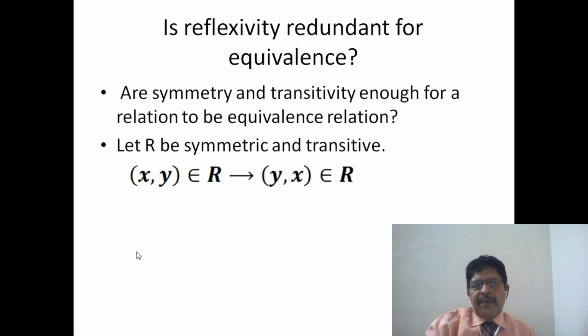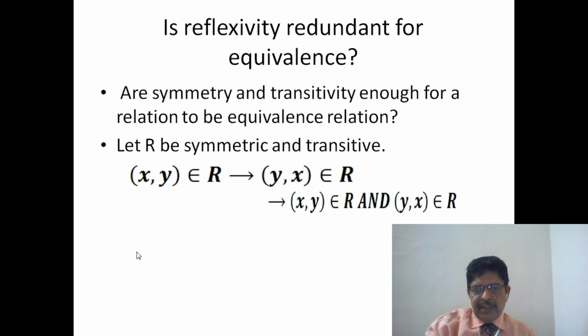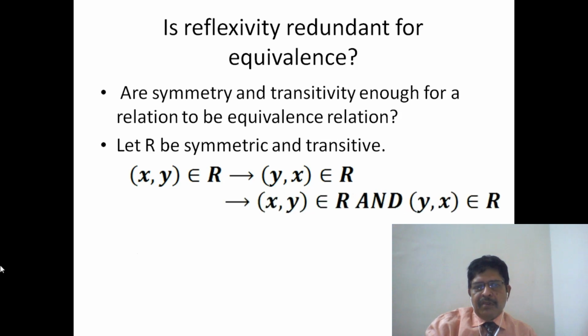So if x and y are any elements, and the ordered pair (x, y) is a member of R, or x is related to y under R, then y is also related to x under R because it is symmetric. And now this also gives us (x, y) belongs to R implies (x, y) belongs to R, P implies P, yes, it is true.